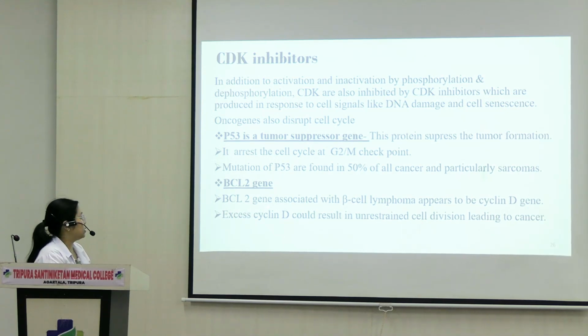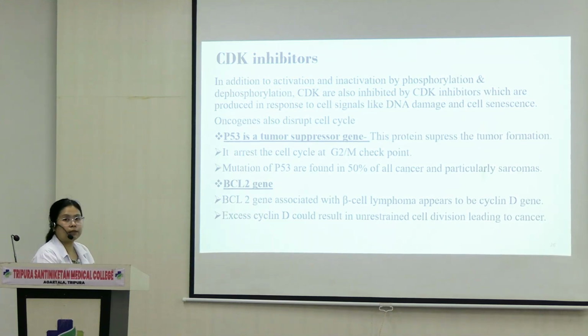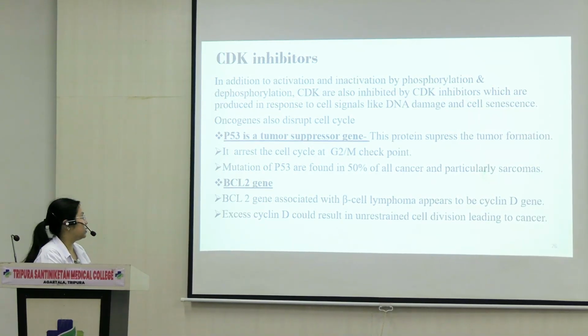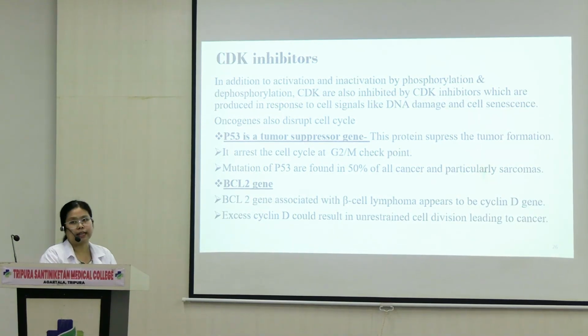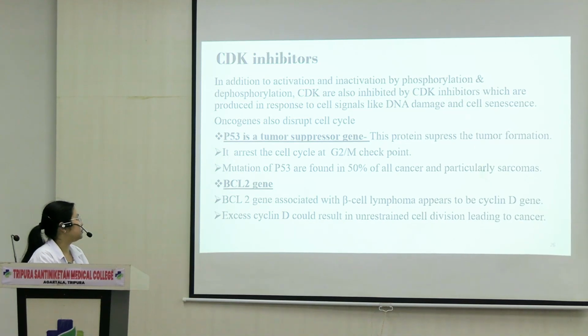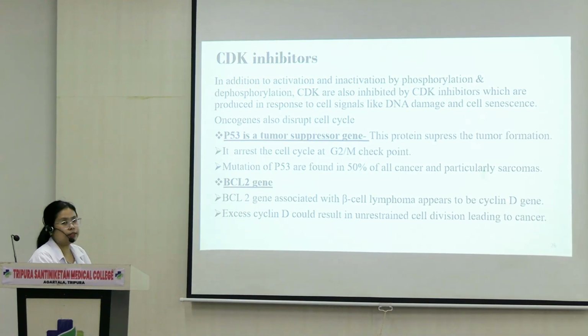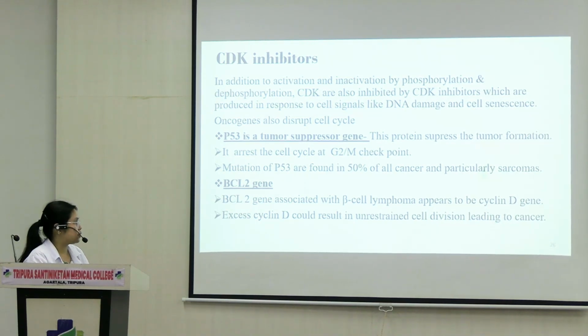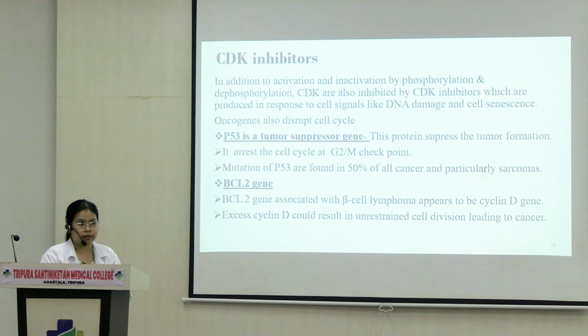Cyclin D in itself is seen in some cancers, like the BCL2 gene in B cell lymphoma cancer. It is seen that the cyclin D gene is involved. So the excess of cyclin D could also result in unrestrained cell division and may lead to cancer.